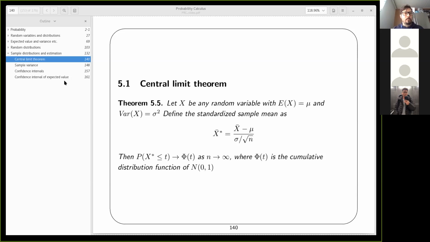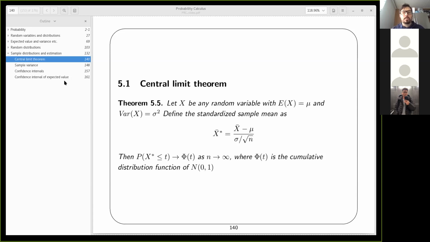So that multiplier, when we take it out, becomes n over S squared times the variance of x bar minus mu.